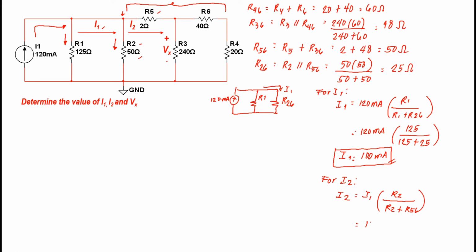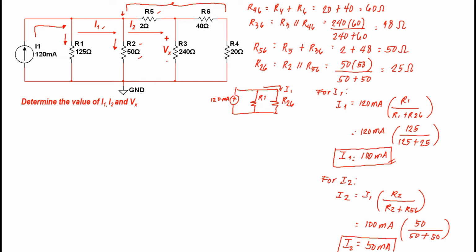So we have I1 as 100 milliampere, our R2 is 50, divided by 50 plus R56, which is 50. So our I2 is equal to 50 milliampere. Yes, we have 50 milliampere as the value of I2.